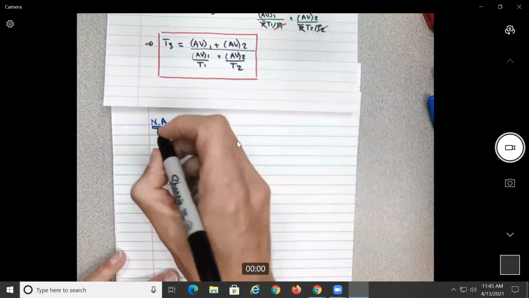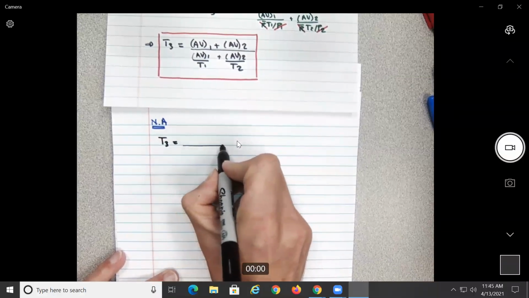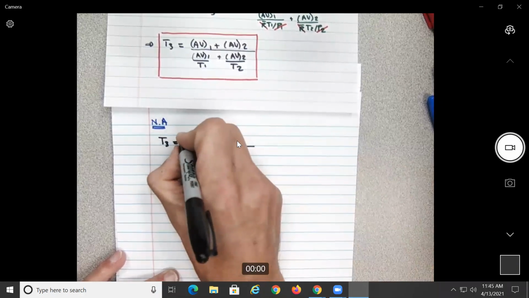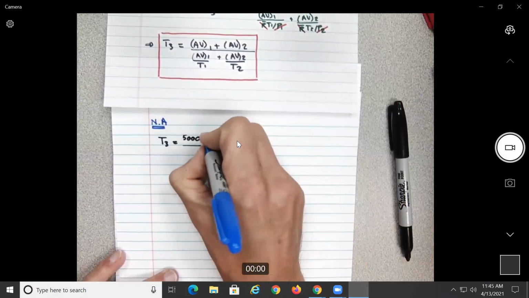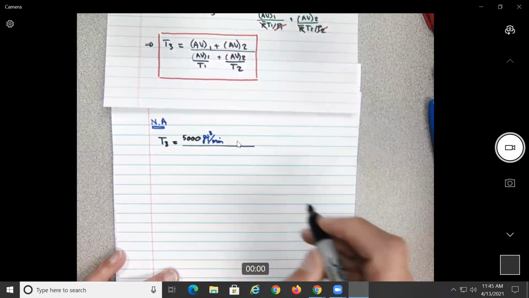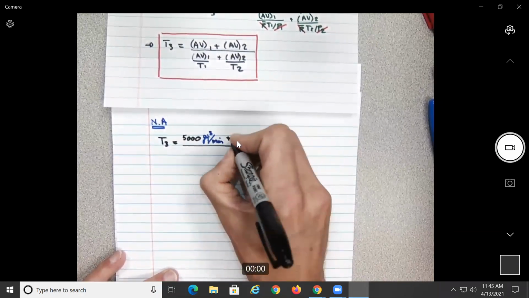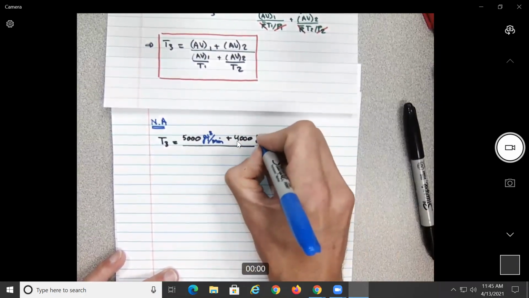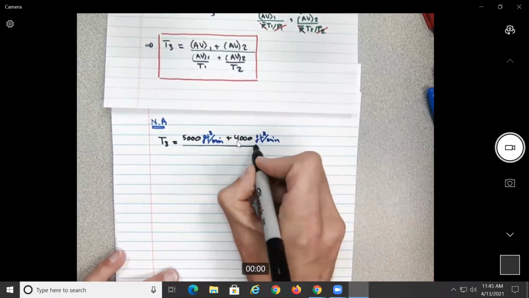So we'll have T3 equal to, let's see, AV1 was 5,000 cubic feet per minute plus AV2, 4,000 cubic feet per minute.